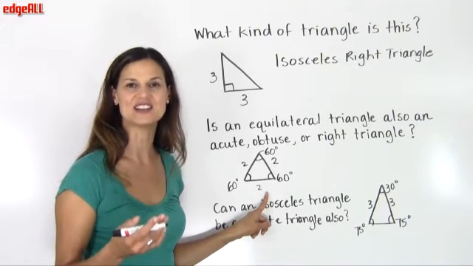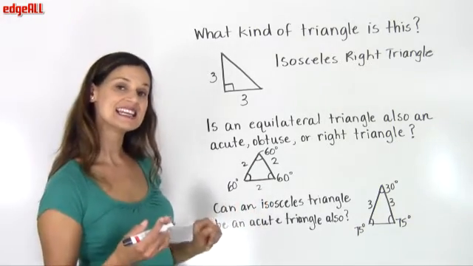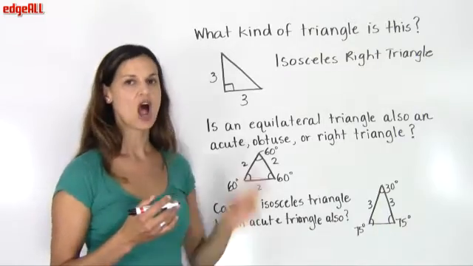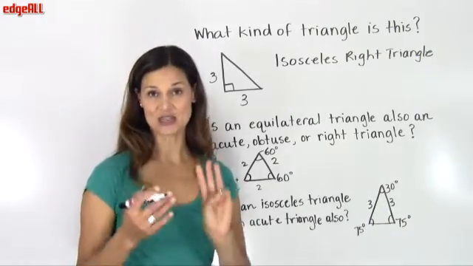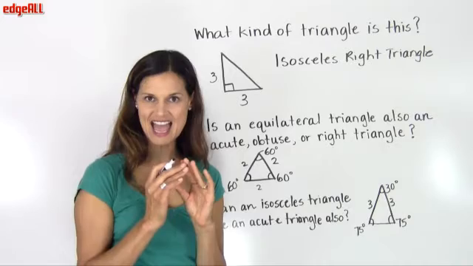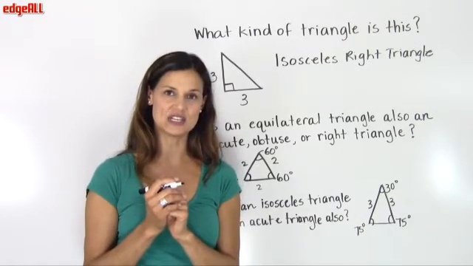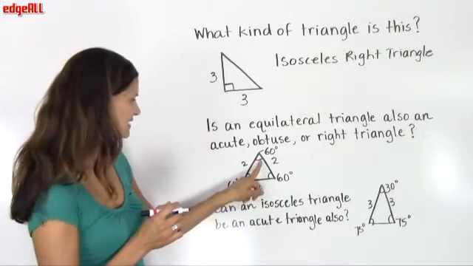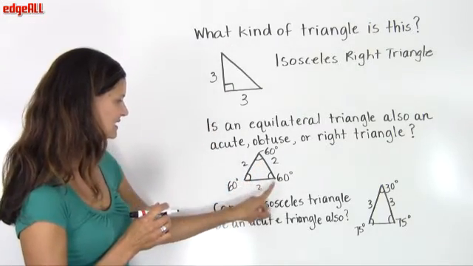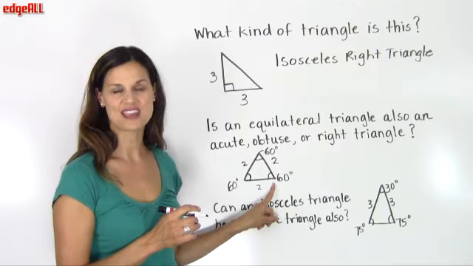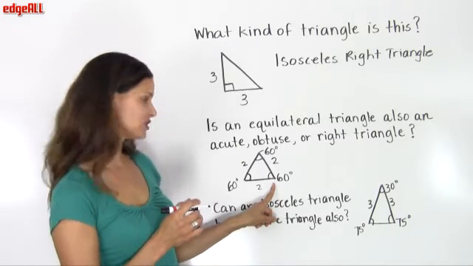All three sides are the same length. And in an equilateral triangle, the 3 interior angles are always 60 degrees each. So we have 60 degrees, and 60 for our 3 angles inside of the triangle.